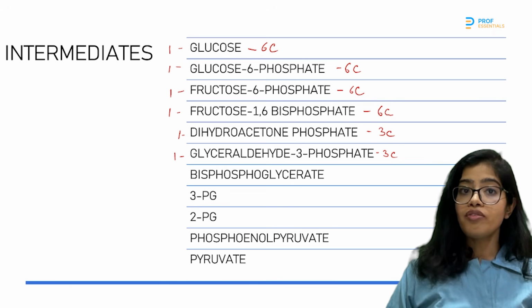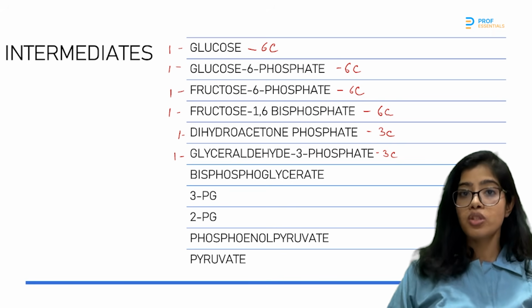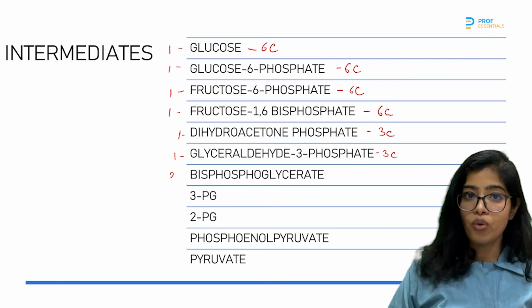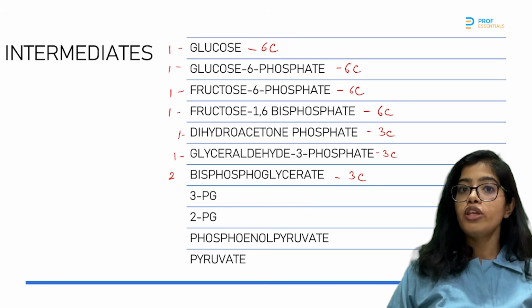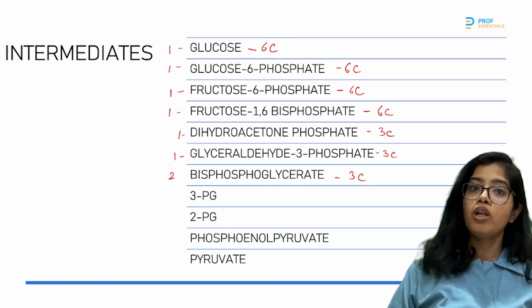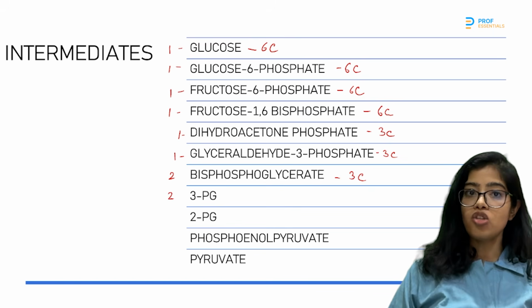Now, each of these will then produce one molecule of bisphosphoglycerate. So, one molecule will come from this DHAP, one molecule will come from glyceraldehyde 3 phosphate. So, in all, we have two molecules of bisphosphoglycerate, which is again a 3 carbon compound. Then, these two molecules of bisphosphoglycerate will produce one each, that is, two molecules of 3 phosphoglycerate, again a 3 carbon compound.